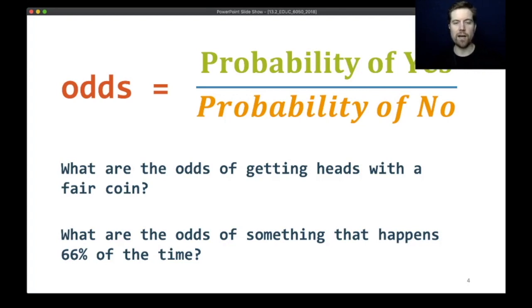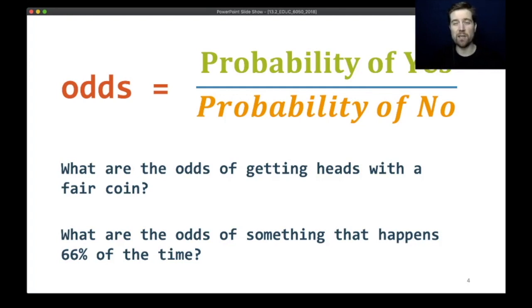What are the odds of getting heads with a fair coin? If we're flipping a coin and it's a fair one, so you have heads on one side, tails on the other, what are the odds of getting heads? Well, we can just plug it into this formula.